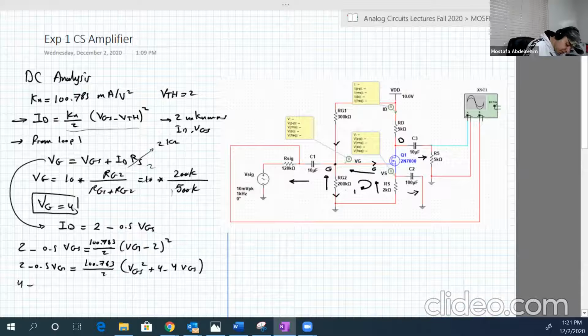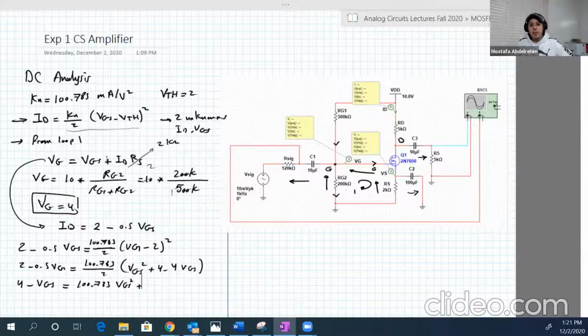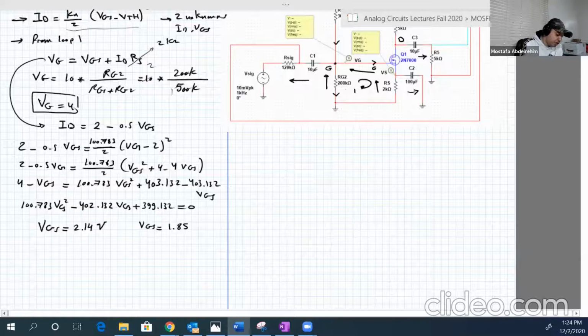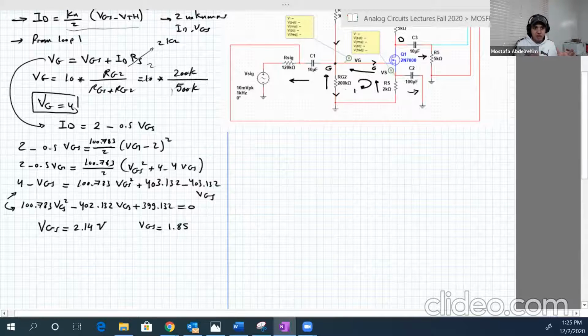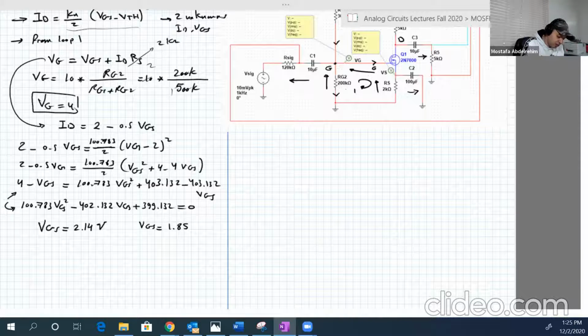So this will be 4 minus VGS equals 100.783 times VGS squared plus the constant term, 4 multiplied by this. So we can reduce this equation to that form. You just combine the terms that have VGS together and the constant terms together, and you will get to this equation here.